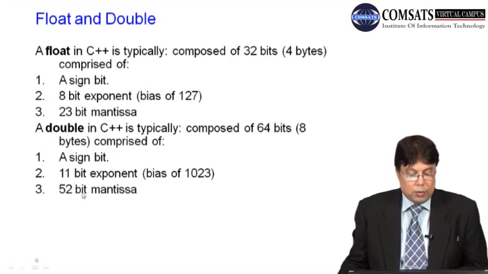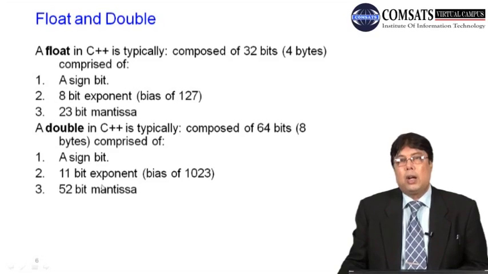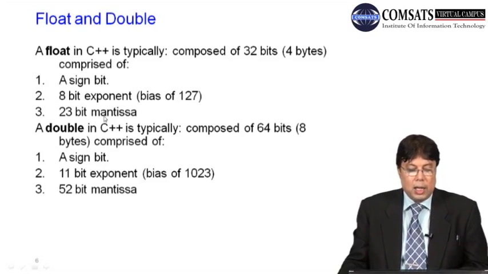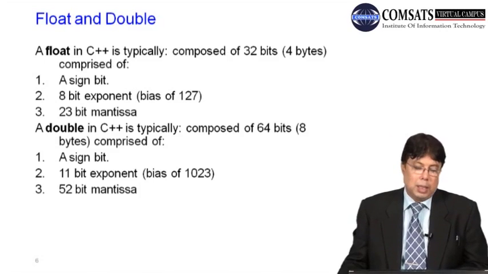Since these 52 bits are sufficient, we can have double the accuracy of the floating point number system, which uses 23 bits. Now that you are using 52 bits, you can have a decimal number system with an accuracy of up to 15 decimal places.